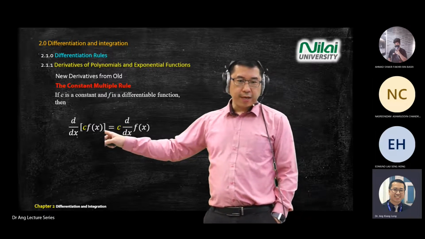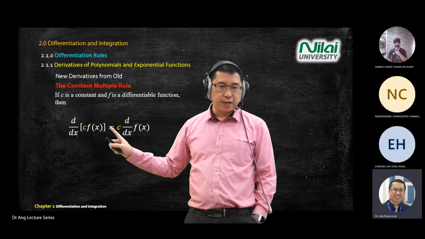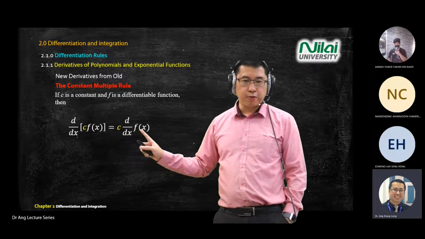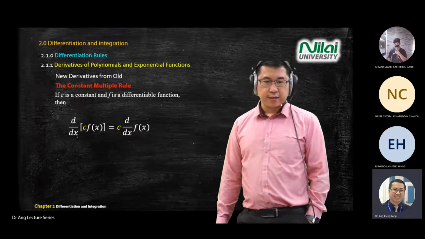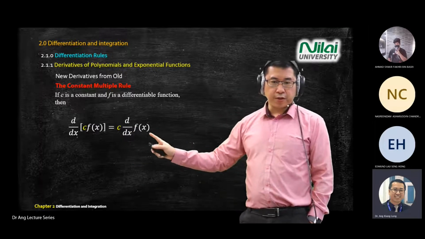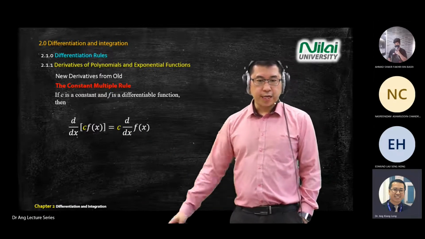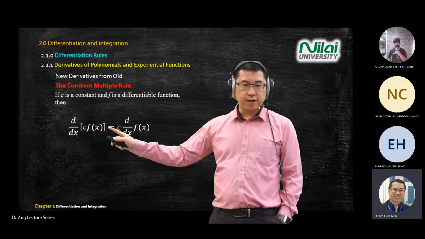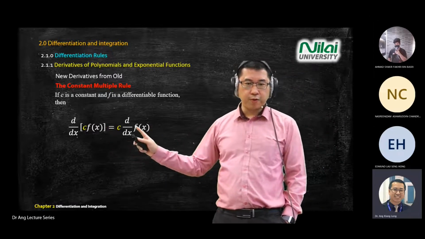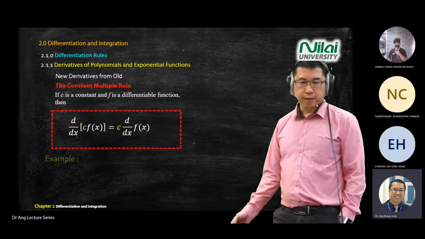How can you rearrange the differentiation? If you have a constant value, you can pull your c from inside the bracket to outside. Then you focus on the function to differentiate. So this is the first rule. If you have a constant value multiplying a function, you can pull your constant value outside.